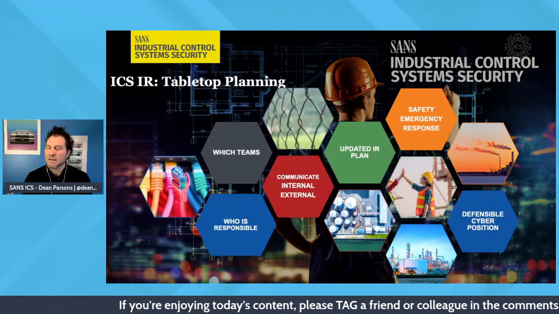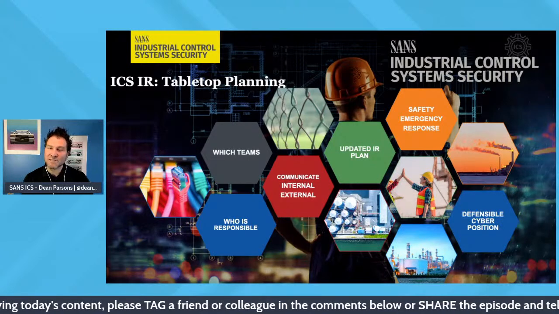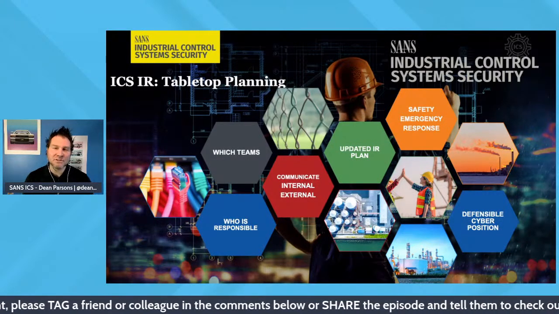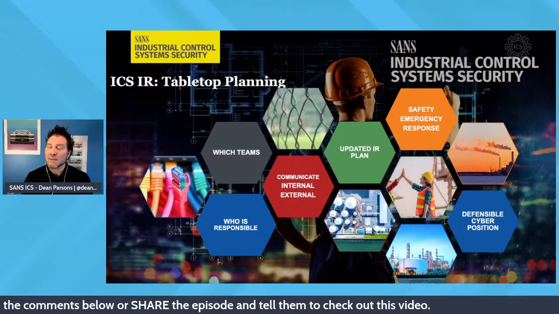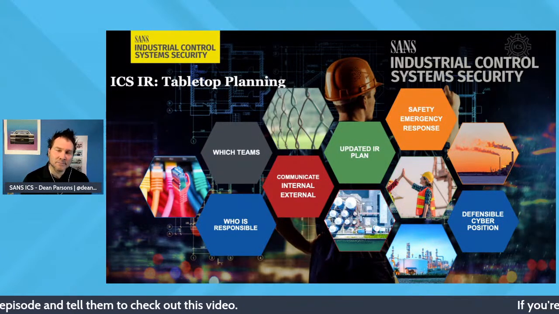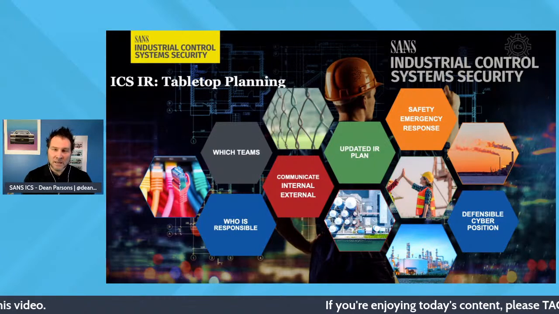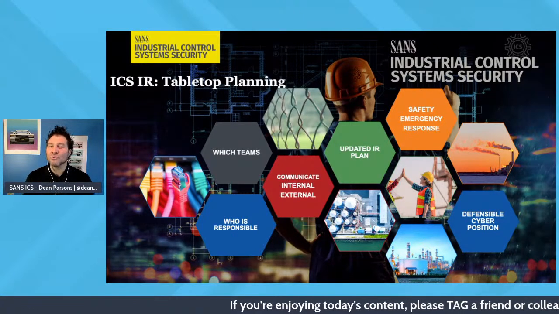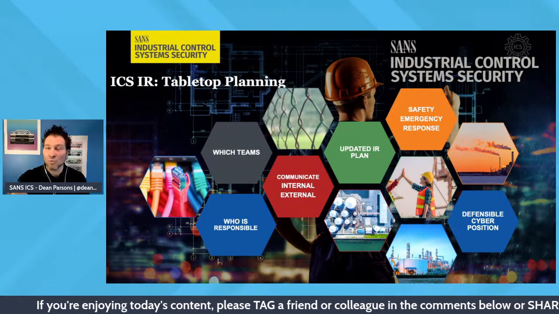So it's an opportunity, as you plan your incident response for ICS from a cyber perspective, to engage with that team. They might have things you can leverage already, and maybe it's just an opportunity to tie the cyber aspect into the existing safety and emergency response as well. As we go through, the defensible cyber position, which is something you can do to contain the environment, will become clear.